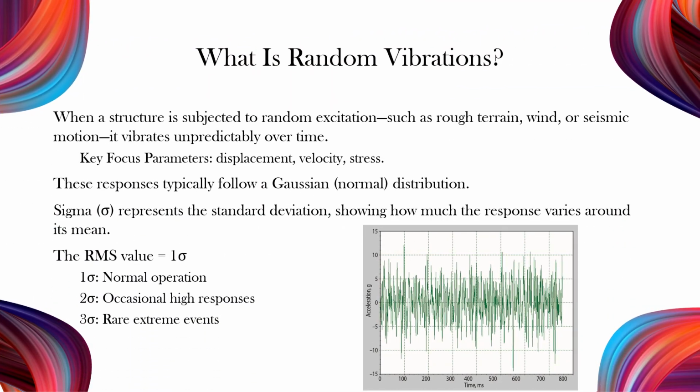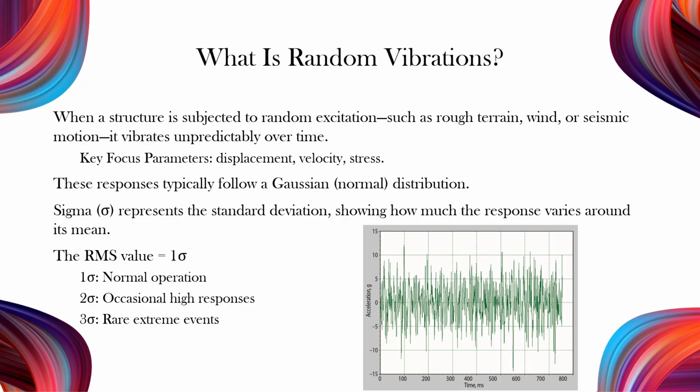When a structure or component is exposed to random excitation, such as rough terrain or seismic motion, it vibrates in an unpredictable way. Engineers mainly focus on displacement, velocity, and stress, which in most cases are assumed to follow a Gaussian or normal distribution.